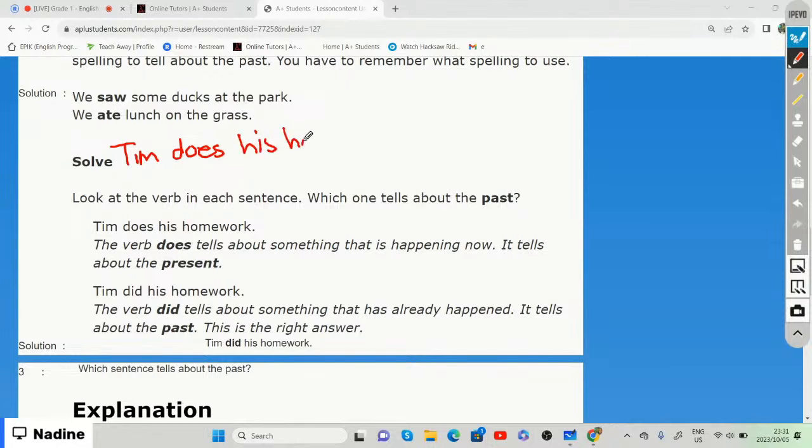Tim does his homework, or we can say Tim did his homework. We need to say which of these two sentences is in the past. Tim does his homework. Tim did his homework.